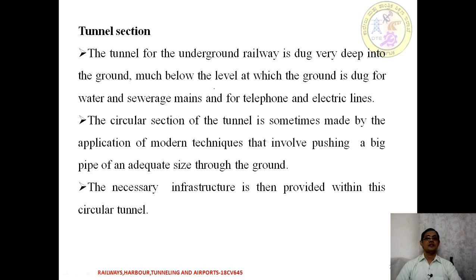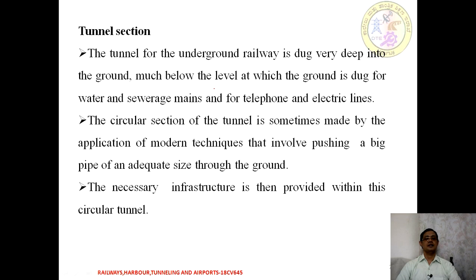Next is going to be the tunnel section. The tunnels which are being used for the underground railway are dug very deep below the ground level, below the level at which the ground is dug for water or sewage main lines, or sometimes where there is a crossover of high tension electric cables. Usually circular sections of tunnel are made, because of the application of a modern technique which involves pushing a big pipe of adequate size through the ground.